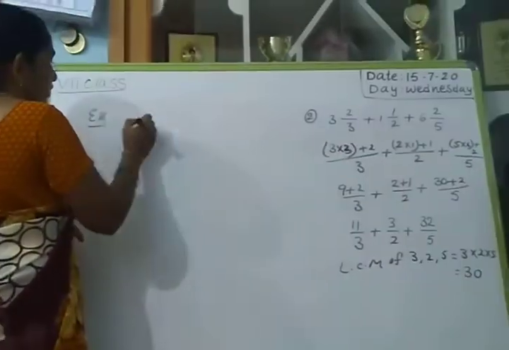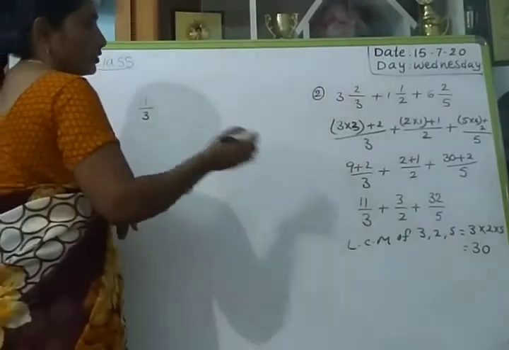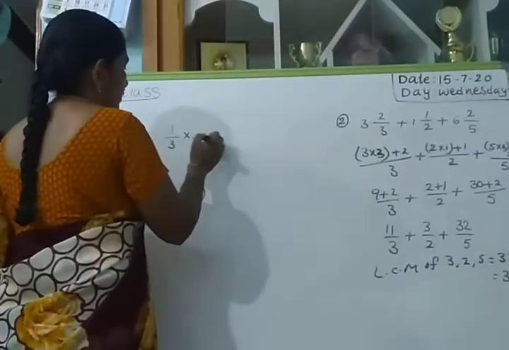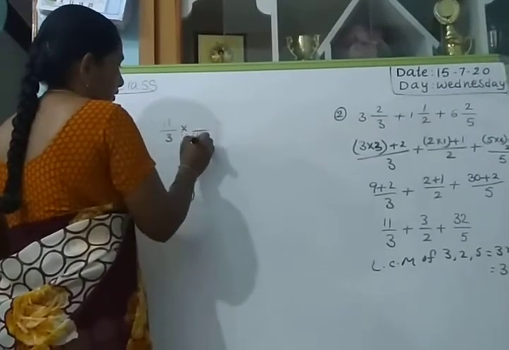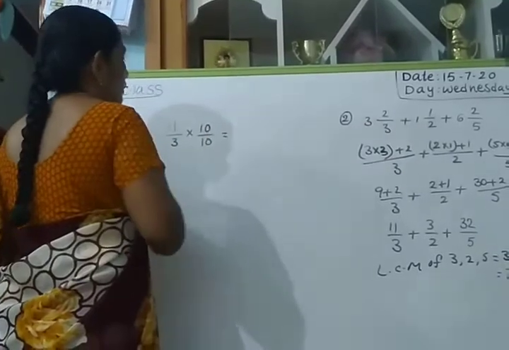First fraction, what do we have here? 11 by 3. So LCM, how much do we get? 30. What is the denominator? 3. 3 table to 30, how many times? 10 times. So we have to multiply 10 times.